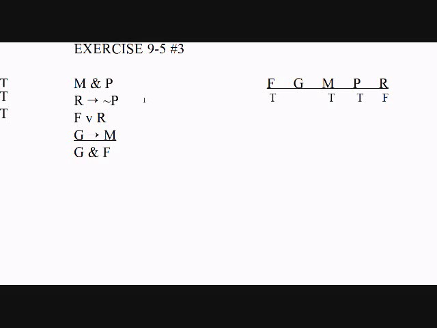So we're going to have to give the value true to F, since R is false, in order to allow the entire claim F or R to be true.